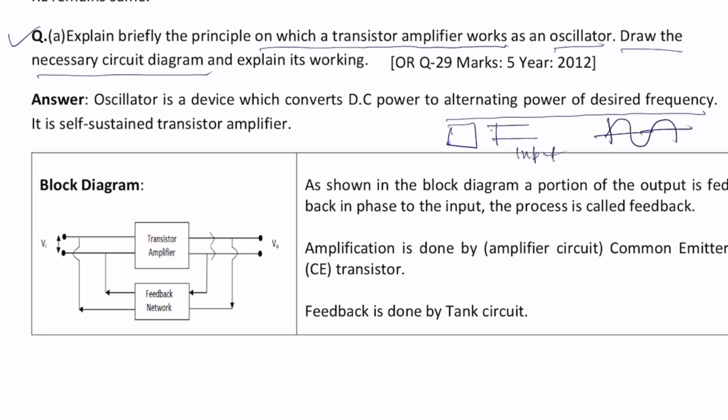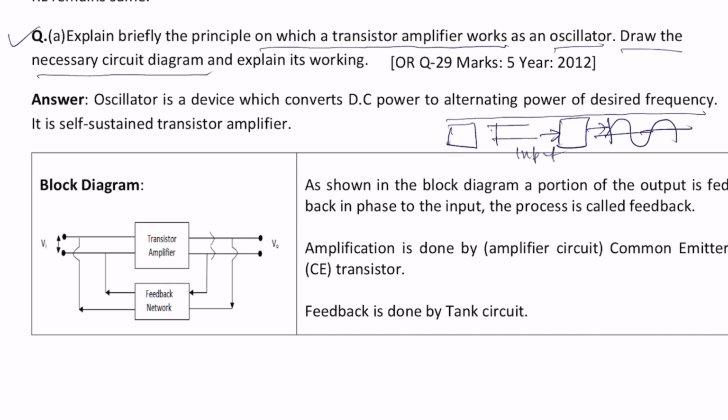The device which takes the input as DC and converts it into AC is called an oscillator. And what is the opposite of an oscillator? That is AC to DC conversion, which is called a rectifier. So an oscillator is a device which converts DC to AC.